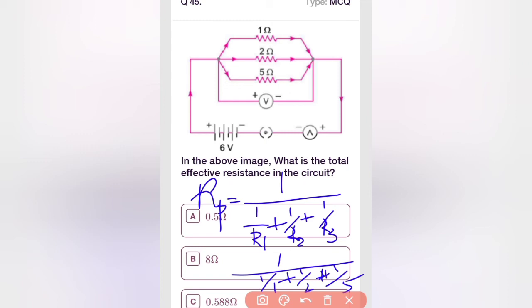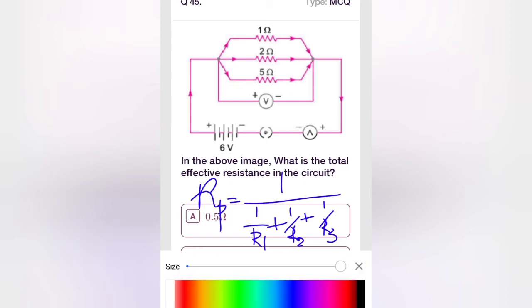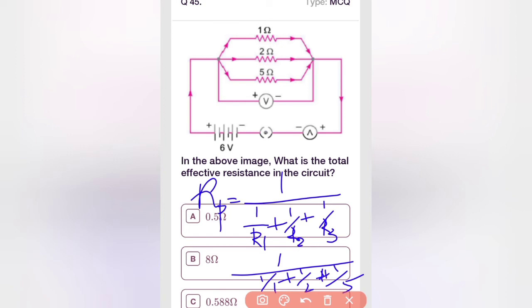So 10 plus 5 plus 2, it's 17. So 17 divided by 10. So 1 divided by 17 divided by 10. That means it is 10 by 17.